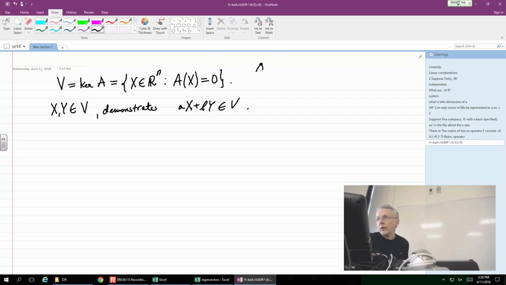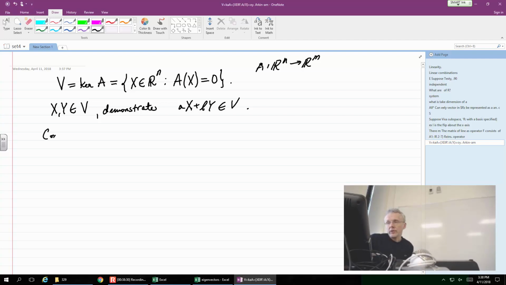So we have a transformation A from Rn to Rm, and we're looking at its kernel. It really is proven in one line, pretty much. So how do I demonstrate that this thing belongs to V? I just apply A to it.